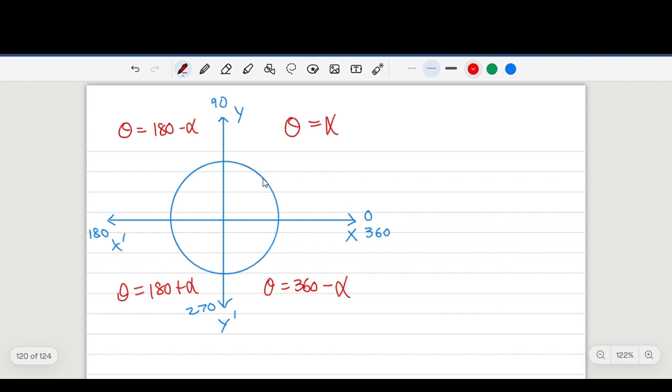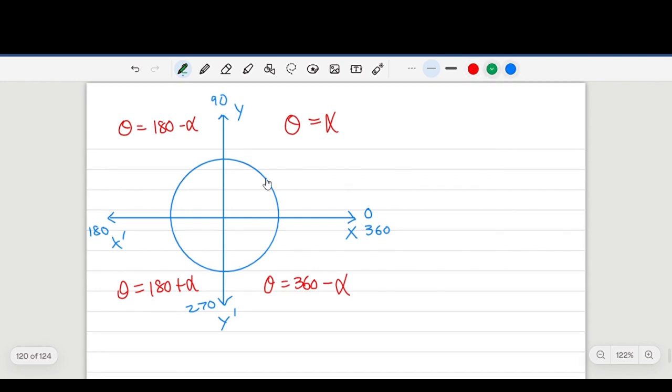Always remember that whenever you are using the x-axis for the sign convention, the trigonometric ratio remains the same. In some other video I'll mention that if you use the transformation with respect to the y-axis, the trigonometric ratio changes to its counterpart. That is for the other video.